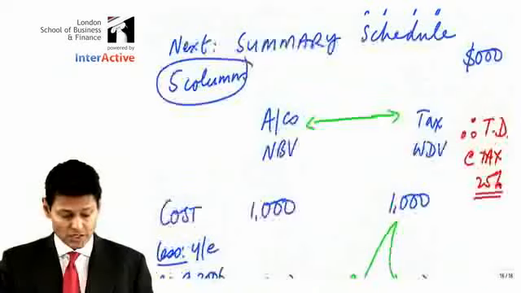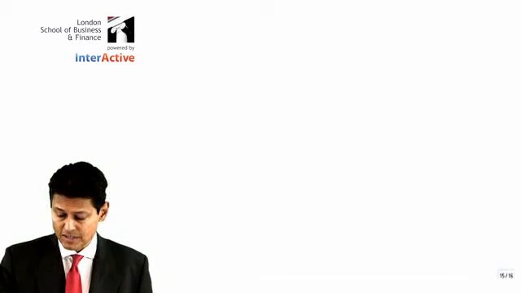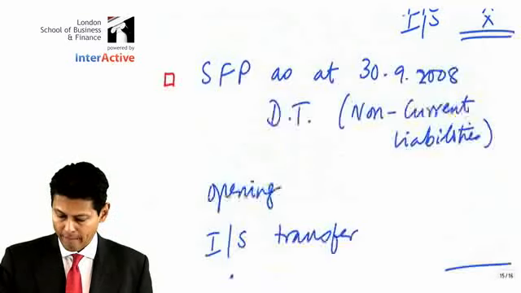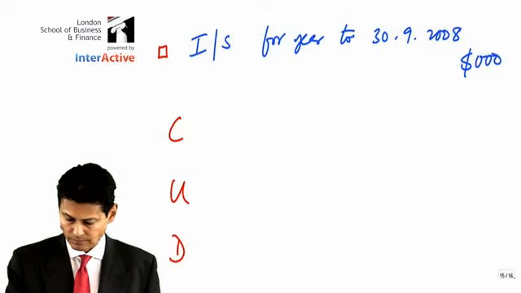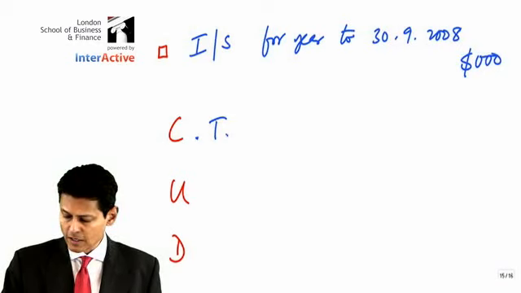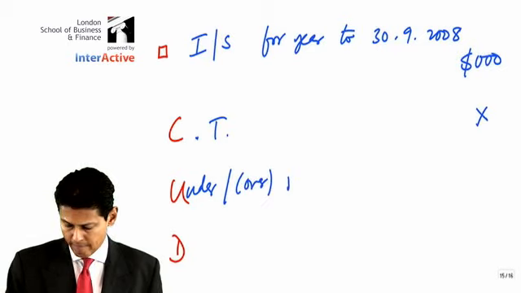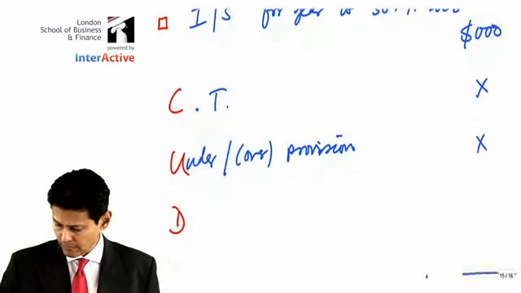So would you kindly come back, please, to the previous page where we laid out the CUD mnemonic. Here we are. The corporation tax, unknown in this question, under, stroke over, provision is not known, not relevant to this question.